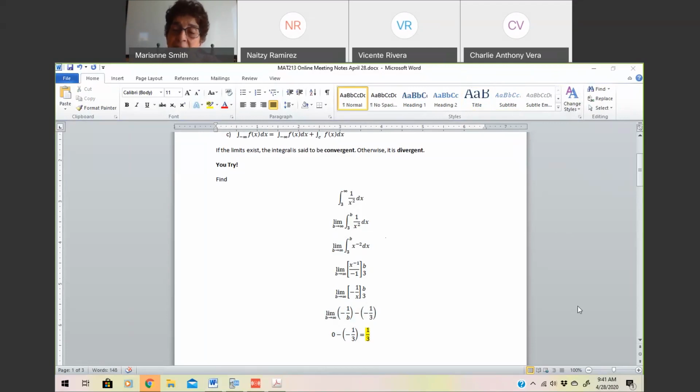Okay? Again, if you would do me the favor of typing in the chat, are you okay with this example? Can you at least follow the steps? As you practice, you're going to get better at actually doing the steps. But right now, I need you to ask if any of these steps are not clear. So again, I'll wait for you to type in the chat. Are you okay with this example?